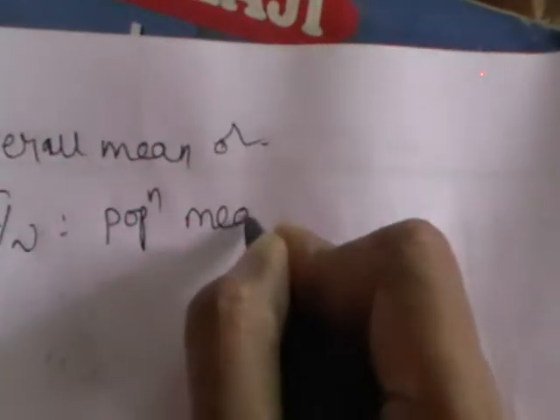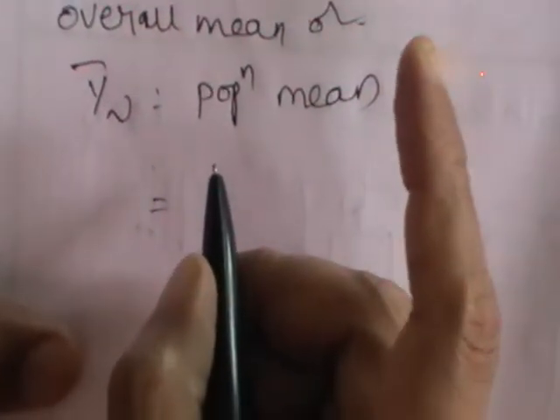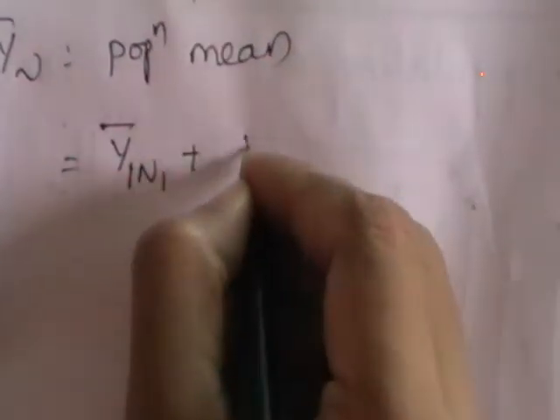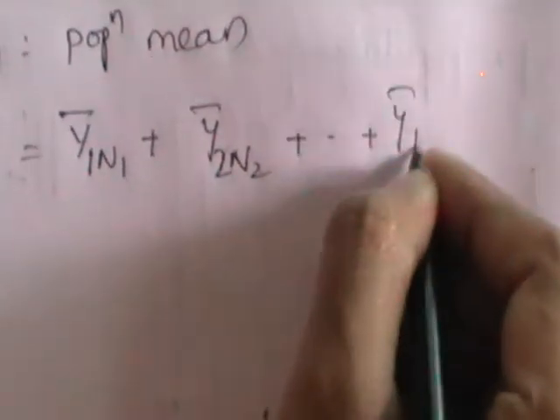And the overall mean, which we call the population mean, we indicate with Y bar. For the population mean, how many strata do we have? We have k strata. What is the total number of units you have?